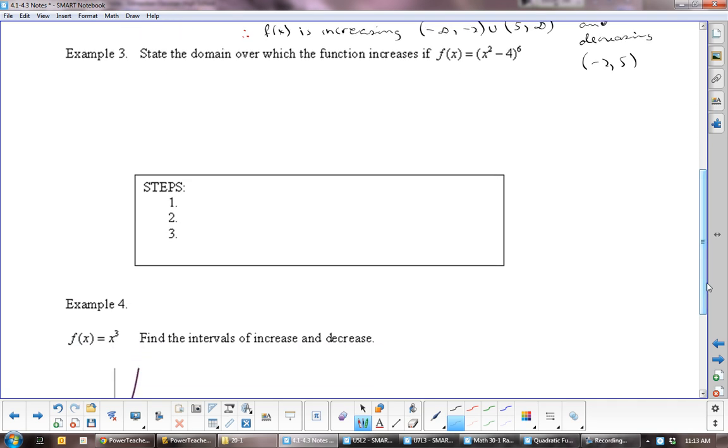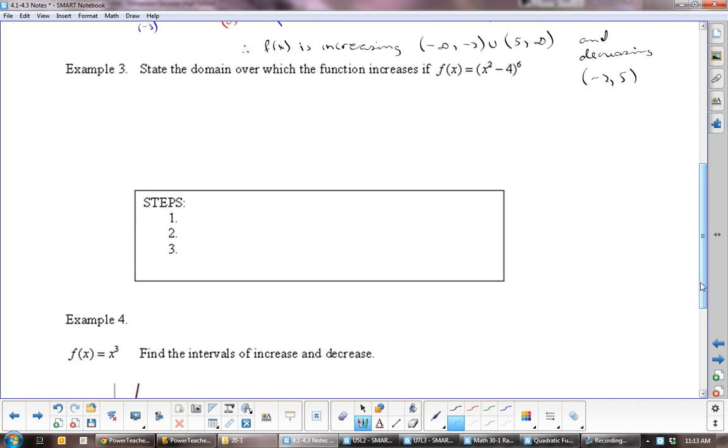Okay, example 3 says, state the domain over which the function is increasing. Okay, well, we know by doing the first derivative. Let's see if you guys still remember how to do this. Okay, how do you find the derivative of this? So 6 comes out front, x squared minus 4 to the 5 times 2x.